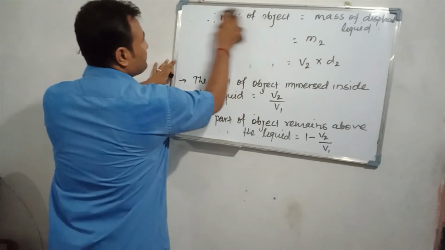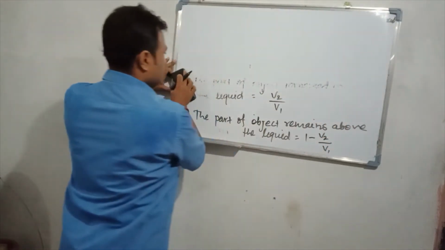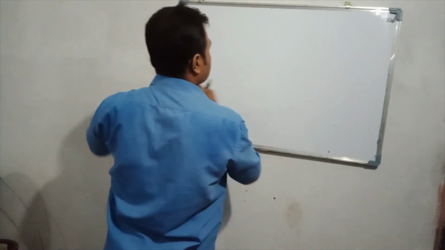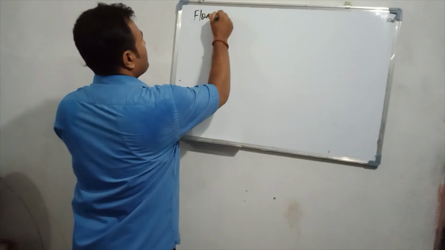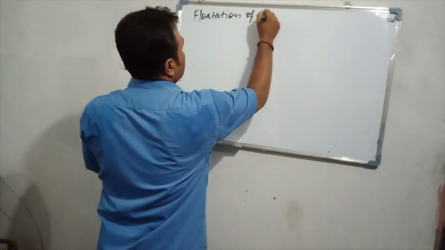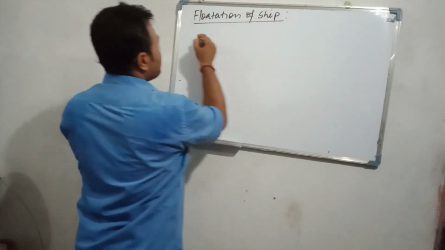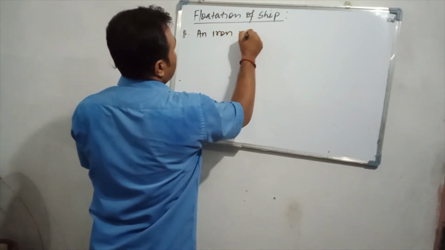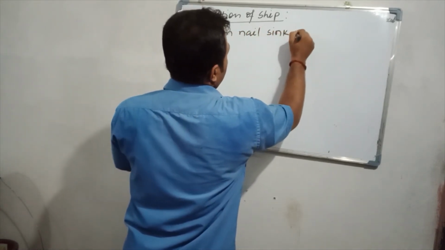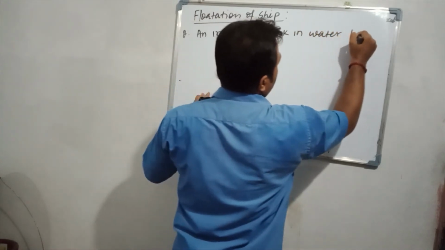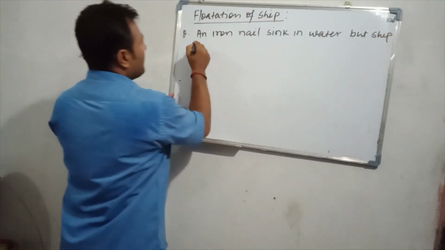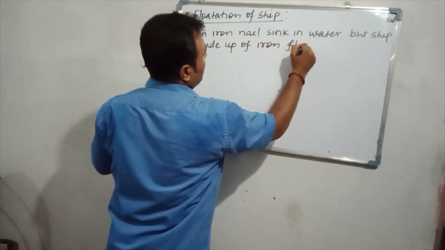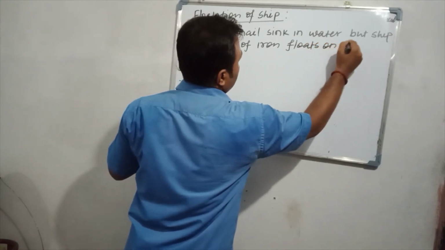Here we write flotation of ship, or also a related question: an iron nail sinks in water, but a ship made of iron floats on it.